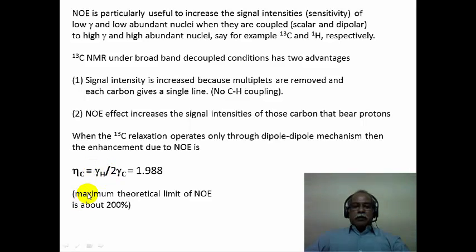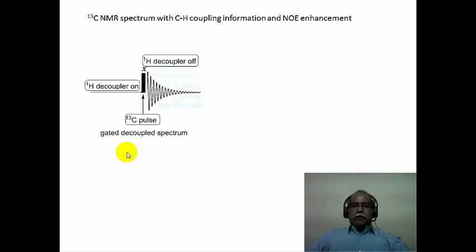Therefore, the maximum theoretical limit of enhancement that one can observe in a carbon 13 spectrum under the conditions of proton double irradiation would be roughly 200% or so. In other words, the intensity of the signal will be 3 times: the original intensity, let us say x, if it increases by 200%, then the total intensity that you would observe upon irradiation of the proton would be 3 times the intensity under equilibrium conditions.